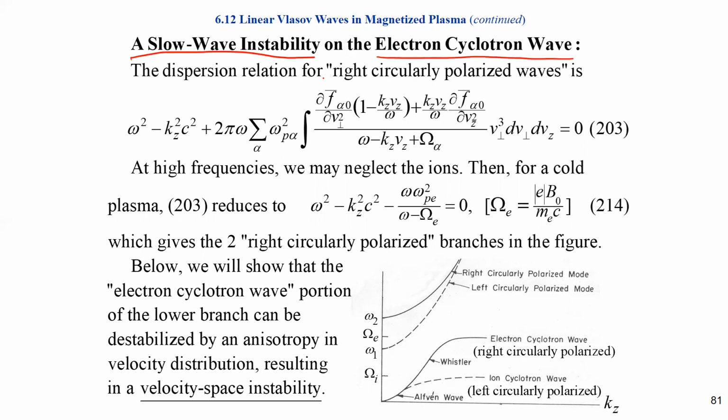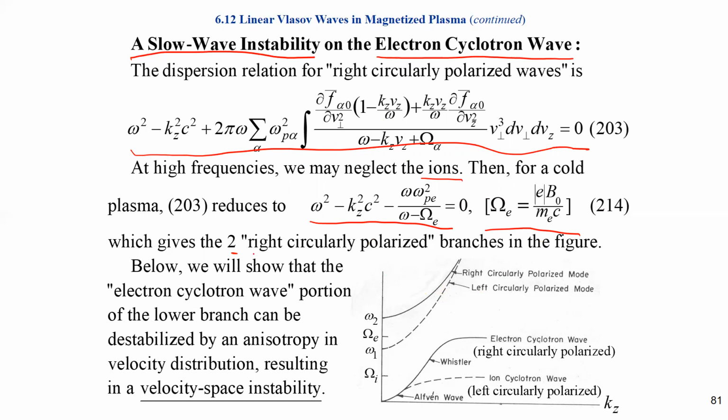The dispersion relation for the right circularly polarized wave is shown here. At higher frequency, we may neglect the ion. For a cold plasma, it reduces to this one. We already know that. That's the right-hand circularly polarized wave.